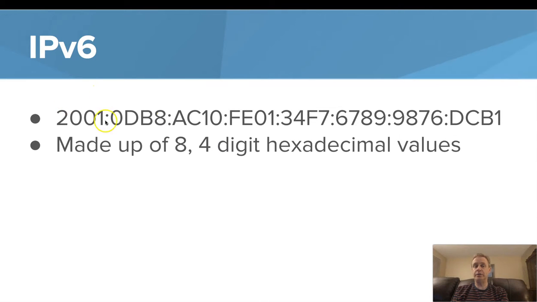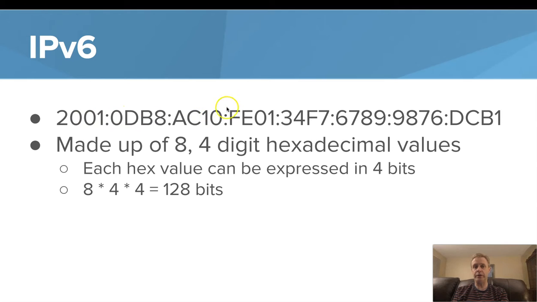So getting back to this IP address in IPv6, if you notice, this IP address is broken up by these colons, and there are 1, 2, 3, 4, 5, 6, 7, 8 of this arrangement of 4-digit hexadecimal values. And so because there are 8 of these 4-digit hexadecimal values, that means that technically there are 32 of these hexadecimal digits.